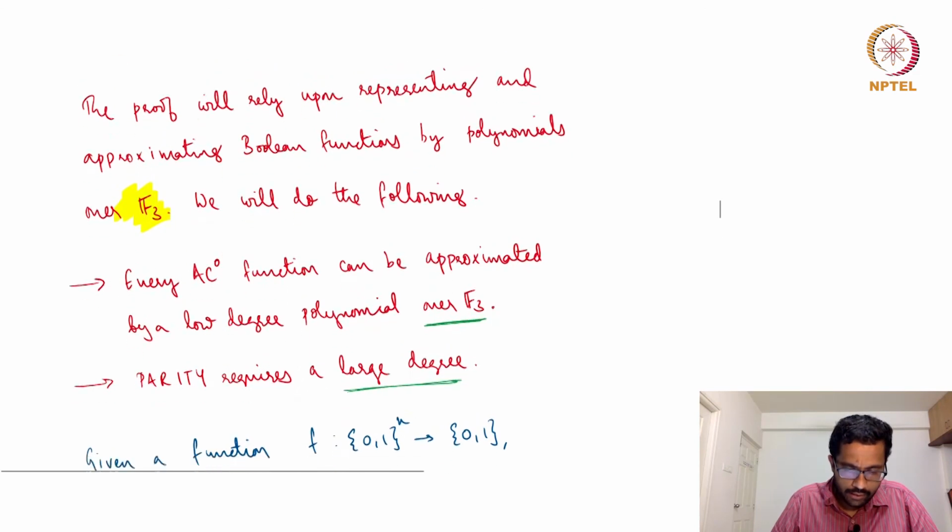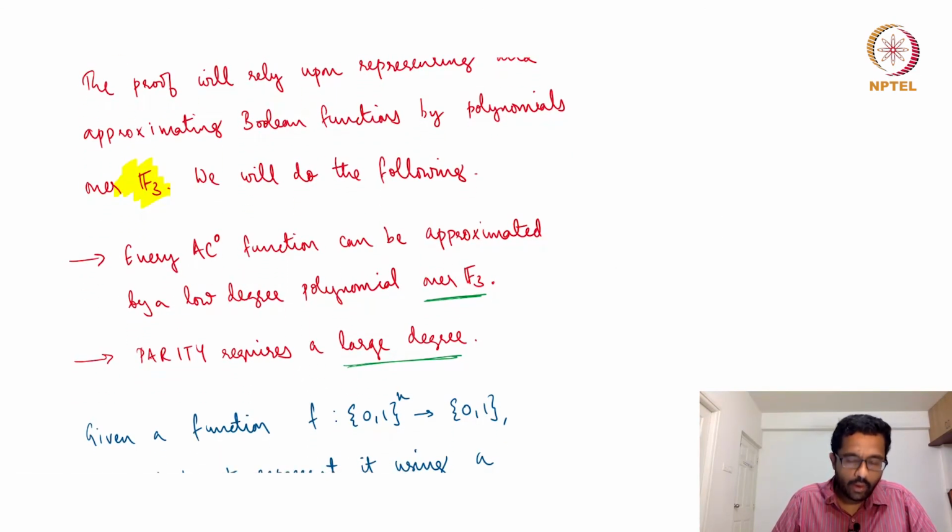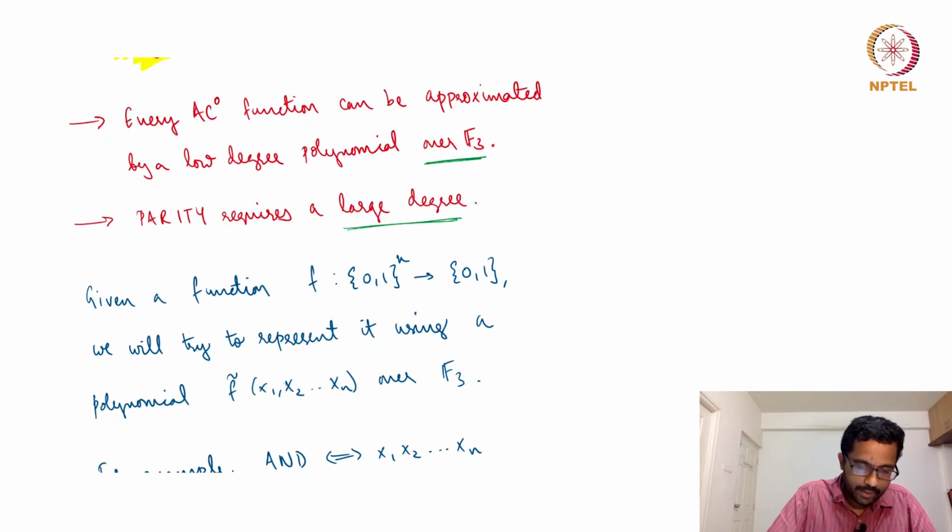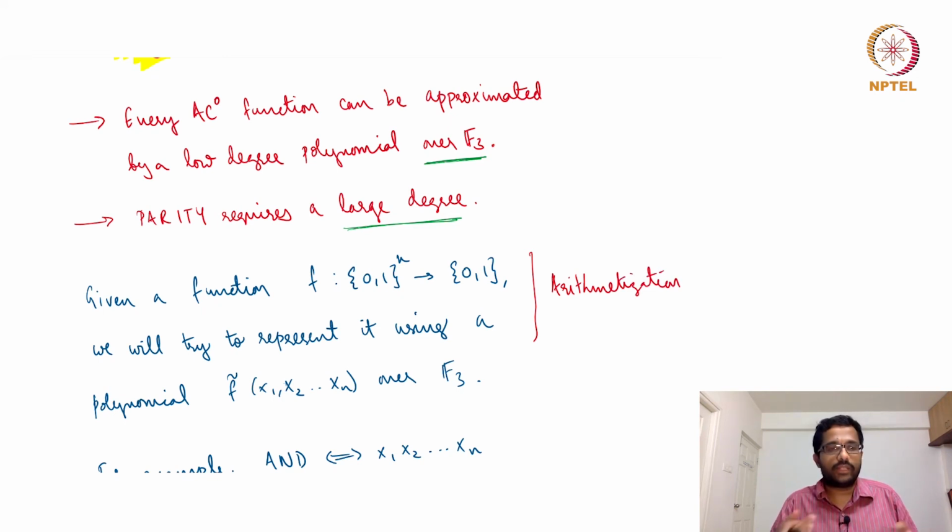Now I will explain what I mean by representing and approximating Boolean functions by polynomials. This is sometimes called arithmetization. We are moving from a Boolean world where there is only 0 and 1 to some other world where there are other things like real numbers, or in this case F3.